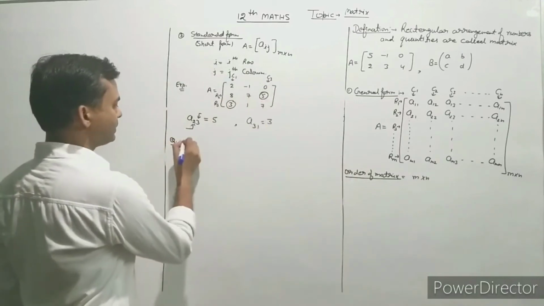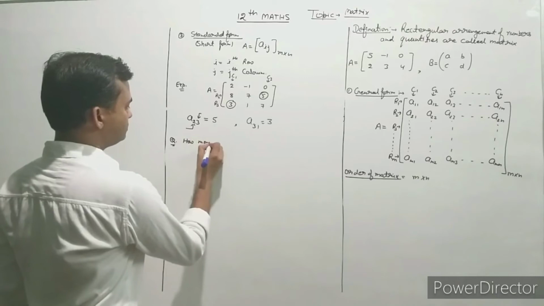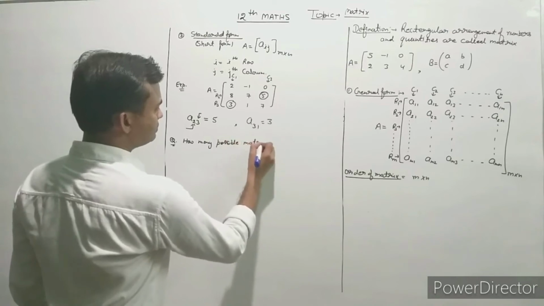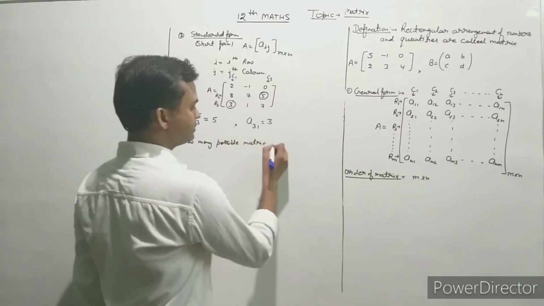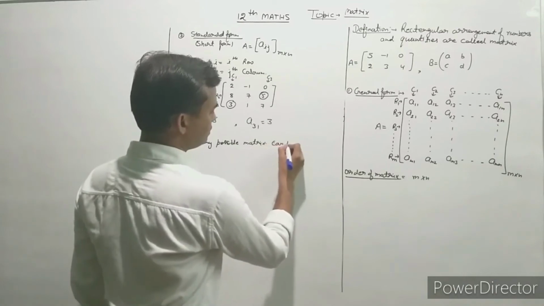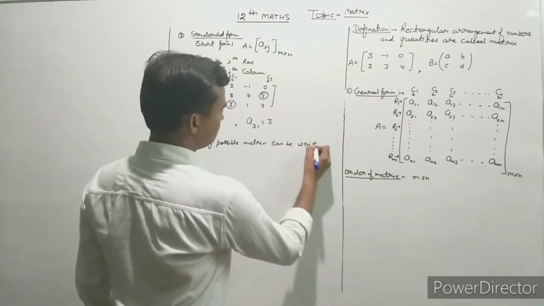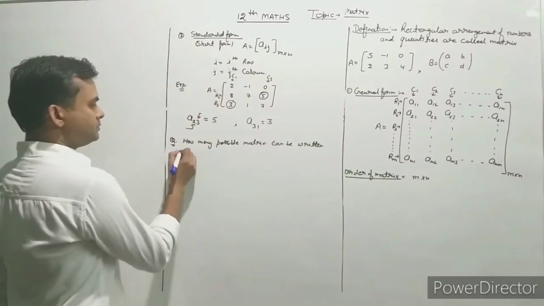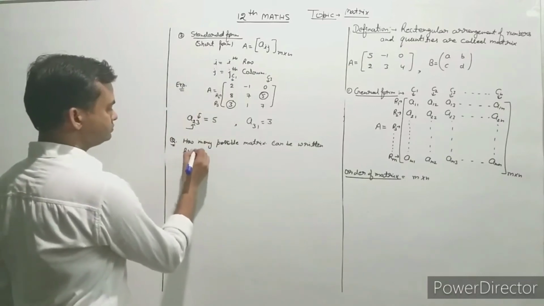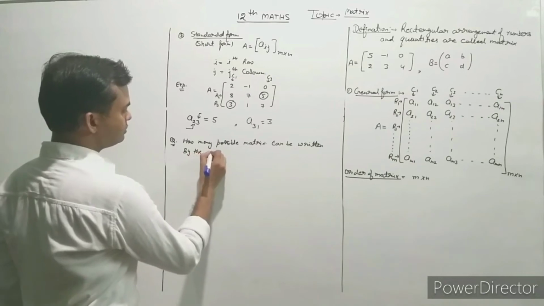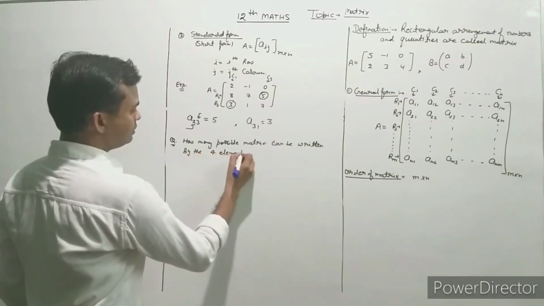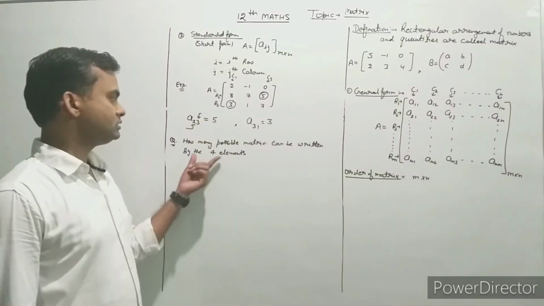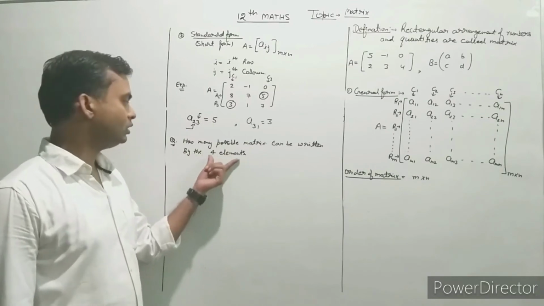Suppose the question is, how many possible matrices can be written with 4 elements. It means in these matrices there are only 4 elements.